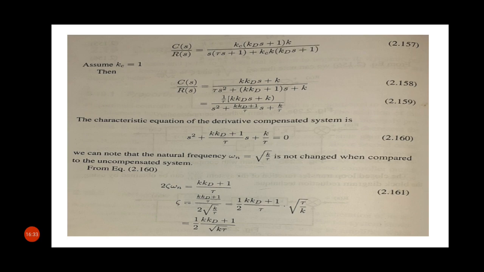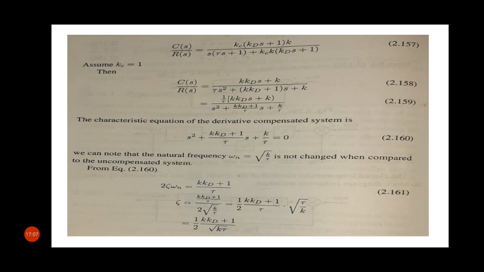Now see, the characteristic equation of the derivative compensated system is s square plus ((K Kd plus 1) divided by tau) into s plus K by tau equal to 0, because we know the denominator part of the transfer function is our characteristic equation, and the characteristic equation is equal to 0.